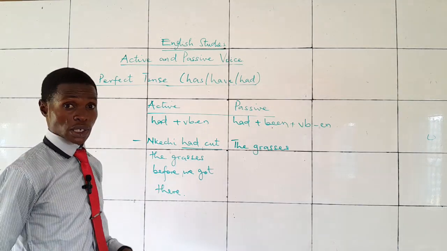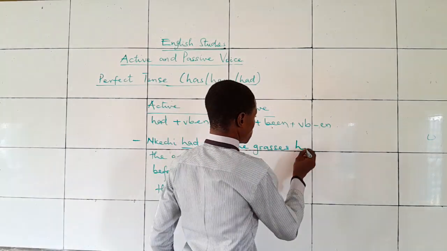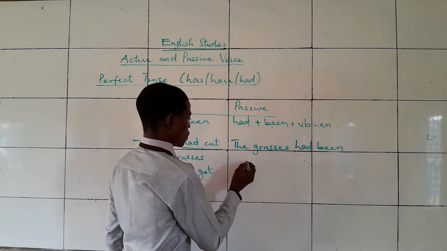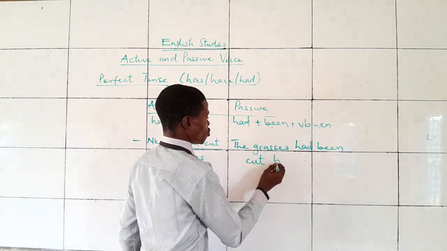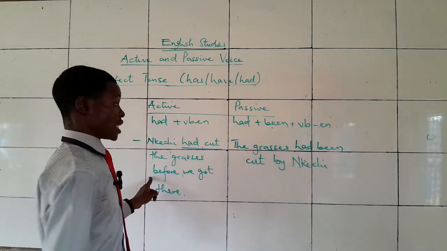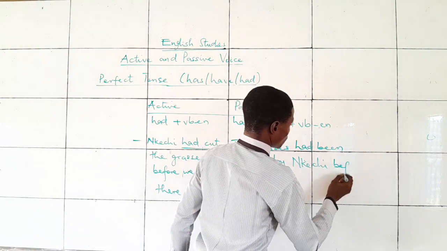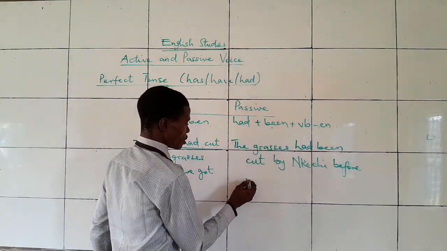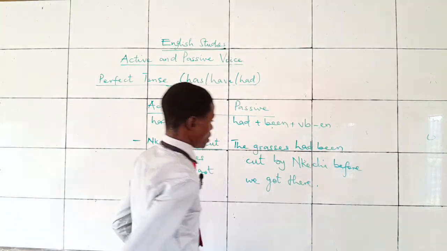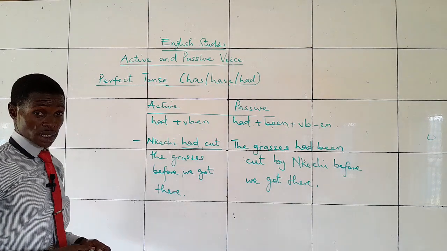Whether it is singular or plural, it will still be had and had and had. The grasses had been cut by whom? By Nkechi. When? That's when you now bring the time: before we got there. The grasses had been cut by Nkechi before we got there.